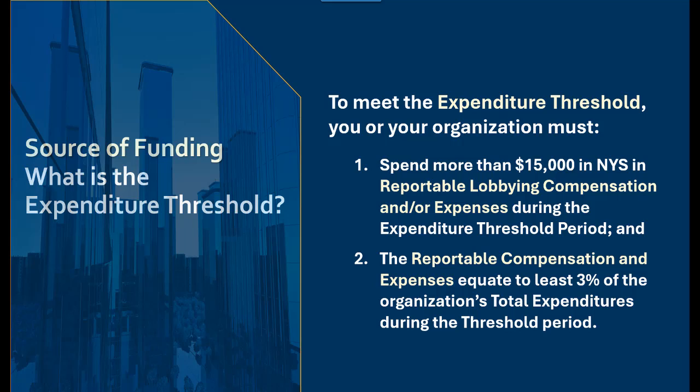To meet the expenditure threshold, you or your organization must 1, spend more than $15,000 in New York State in reportable lobbying compensation and/or expenses during the expenditure threshold period, and 2, your reportable compensation and expenses must equate to at least 3% of the organization's total expenditures during the threshold period.